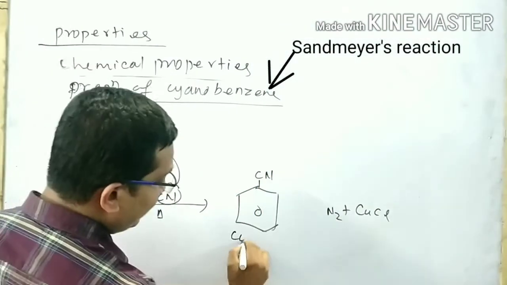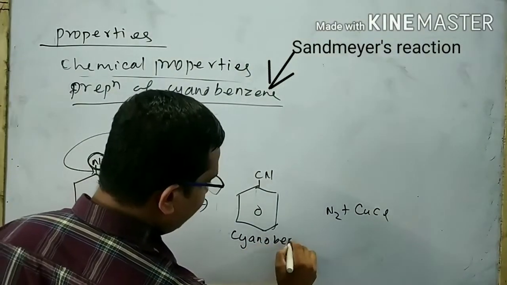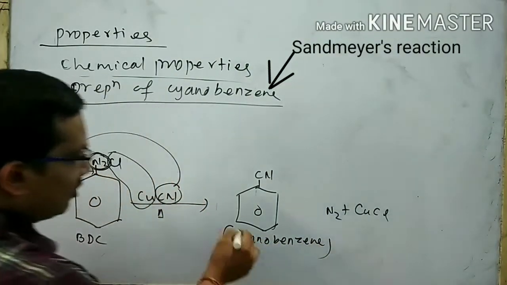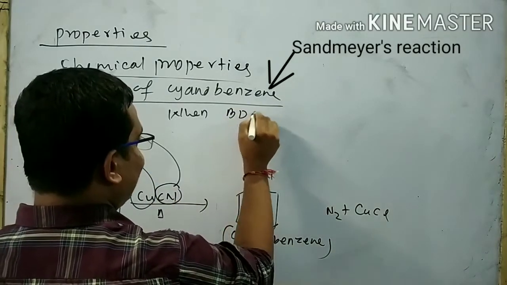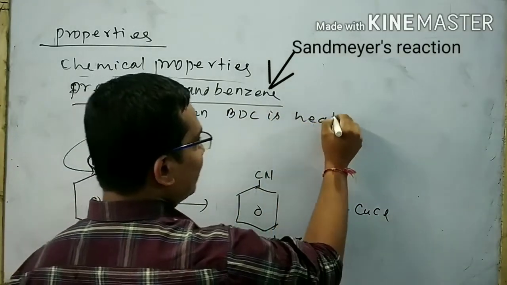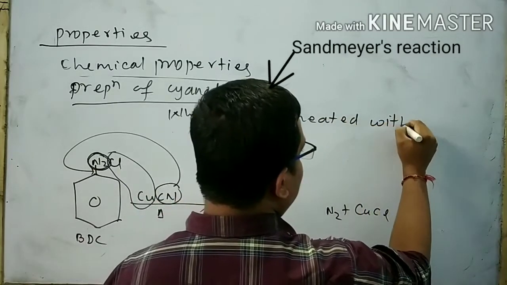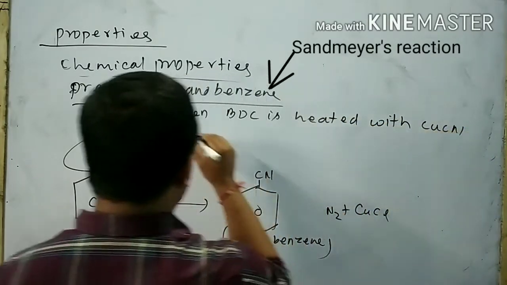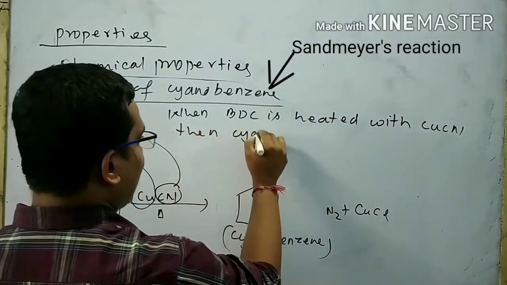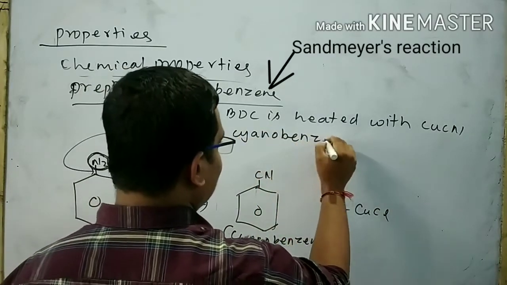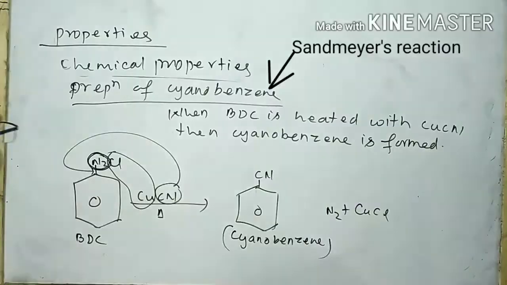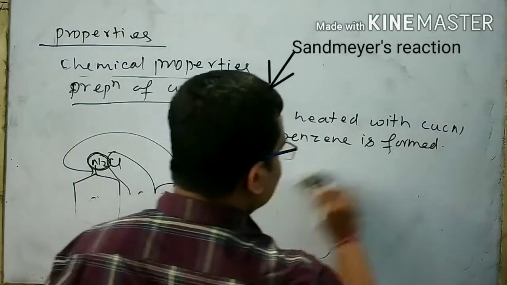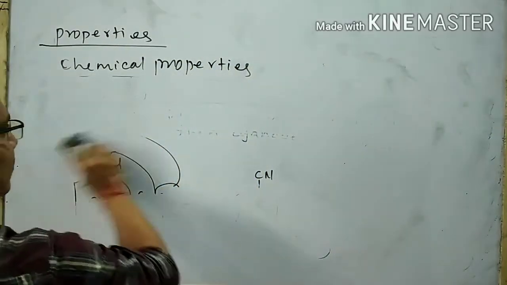This is said to be cyanobenzene. So you can write a statement for this reaction. When BTC is heated with the CuCN, then cyanobenzene is formed. This reaction is also called Sandmeyer reaction.